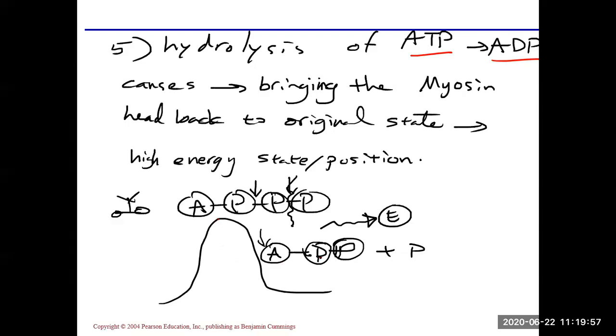Adenosine diphosphate, you're coming back down. There was a potential energy in the phosphate bonds that, once broken, you get the energy. This energy is enough to bring back down the head. Because remember, it was connected, it got disconnected. Now you have to bring it back to the high energy position so that it could bind again. That's the idea behind it.